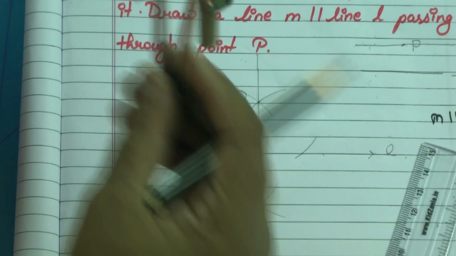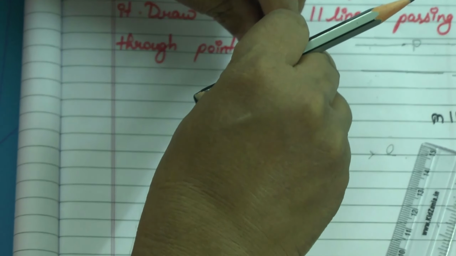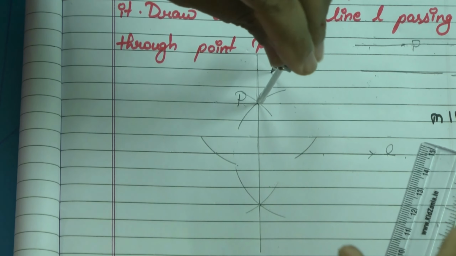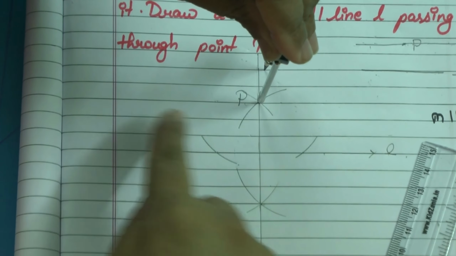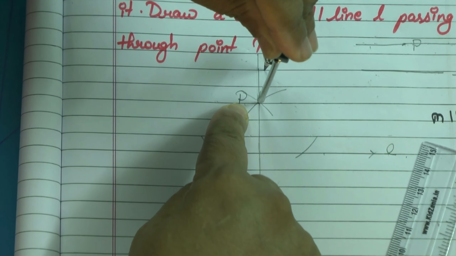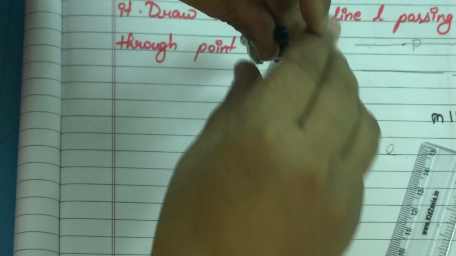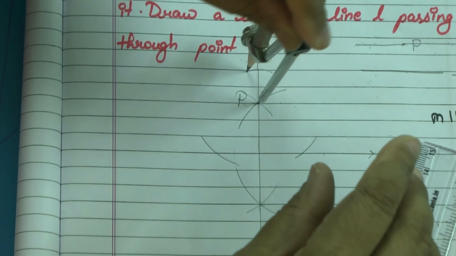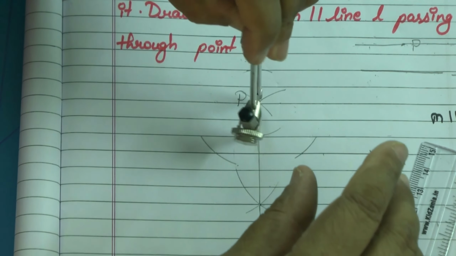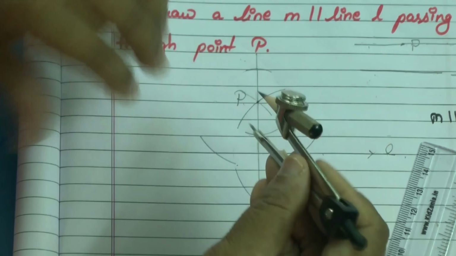Now I will keep the pointer at point P and give 2 arcs of desired length. This means again I have to draw a perpendicular which is passing from the point P but which is parallel to the line L. So I give 1 arc this side and 1 arc this side. I got 2 arcs, one here and one here.